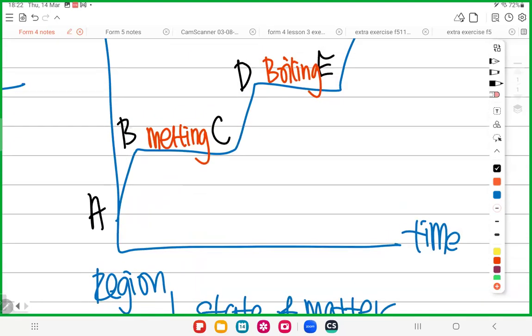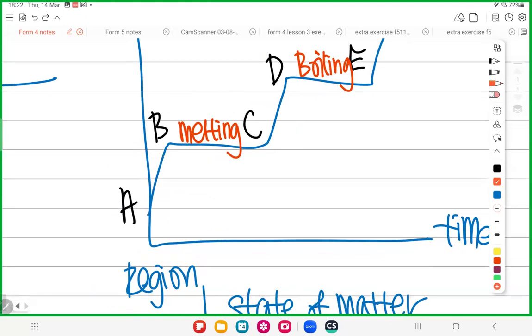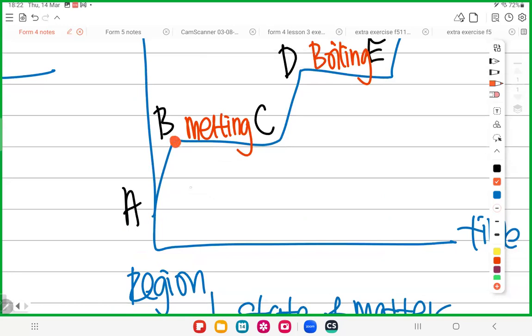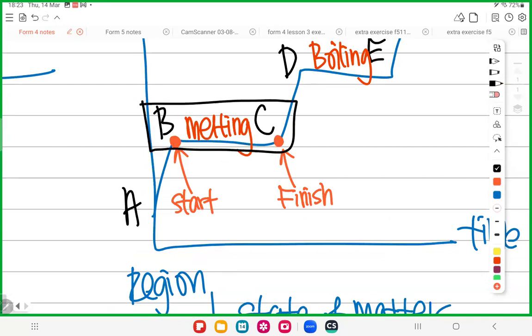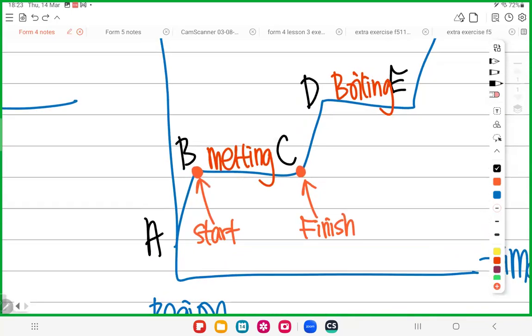Now let's look at B to C. You have to be careful. This is where you start melting, and this is where you finish melting. From B to C, the melting is ongoing, happening, not finished yet.